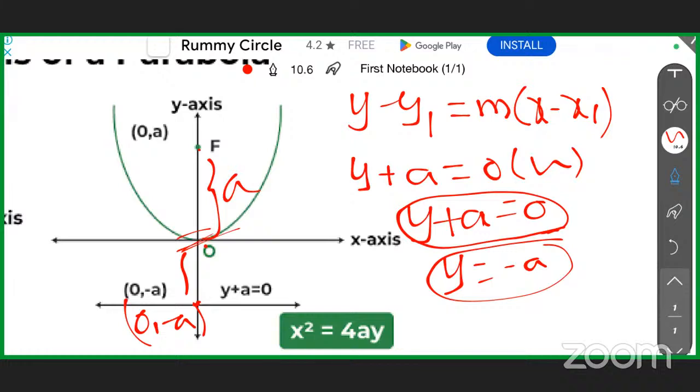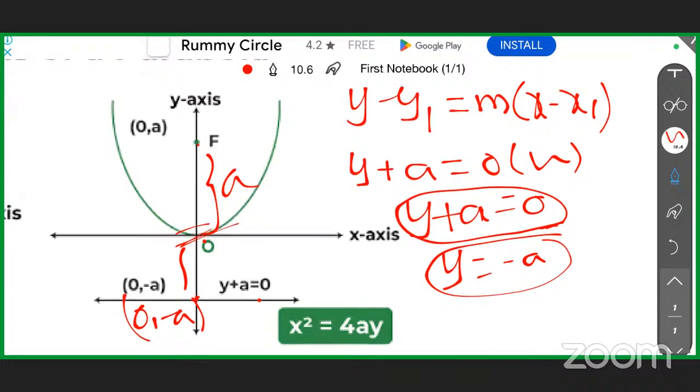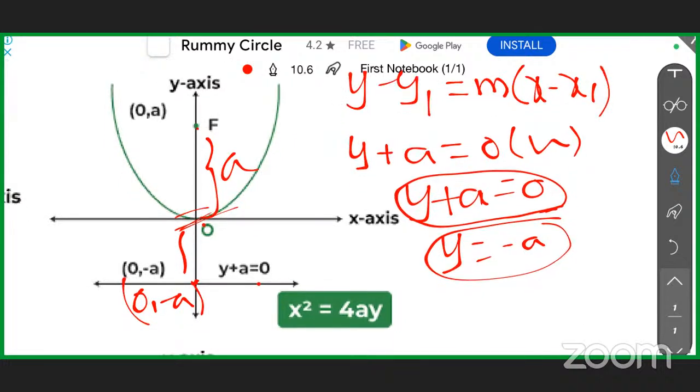So the equation of my directrix will become y plus a is equal to 0, or else y is equal to minus a. Do you understand the equation of a parabola x square is equal to 4ay? Dear students, do you understand this concept? Then we'll go for the next parabola, x square is equal to minus 4ay.